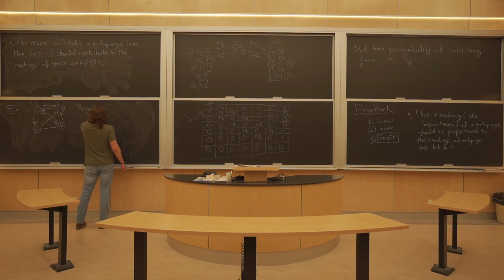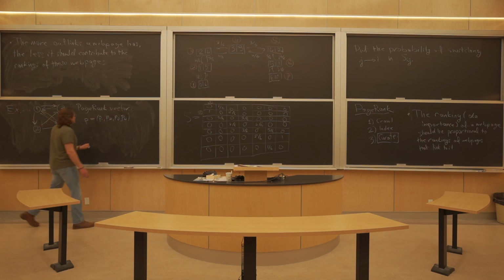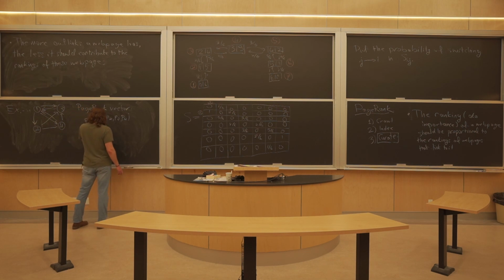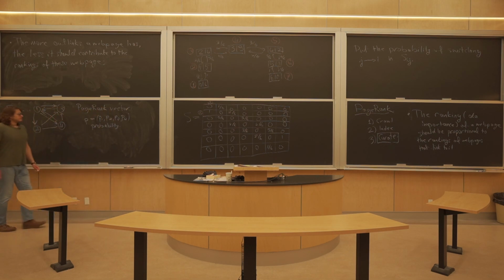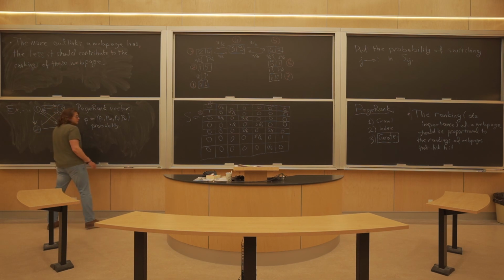So the PageRank vector is going to be P, P1, P2, P3, P4, and it's a probability vector. The ranking of the first web page, I'm going to write it over here, I think.